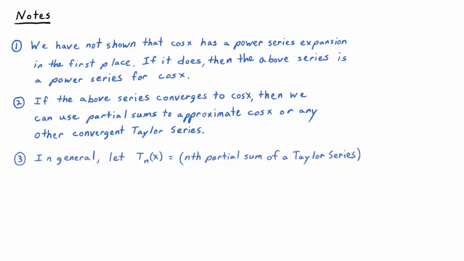In general, we can let, well, remember the S subscript n notation standard for the sum of the first n terms? This is similar to that. We can let T sub n of x represent the nth partial sum of a Taylor series. In other words, that would be the sum from, okay, the role of n switches places when you're using partial sums, remember?